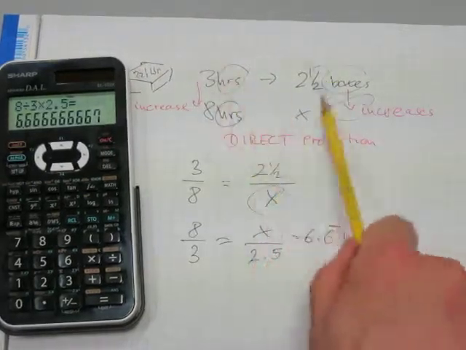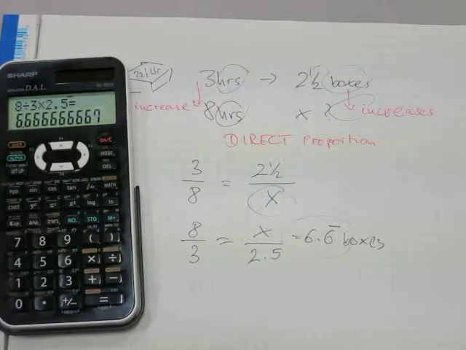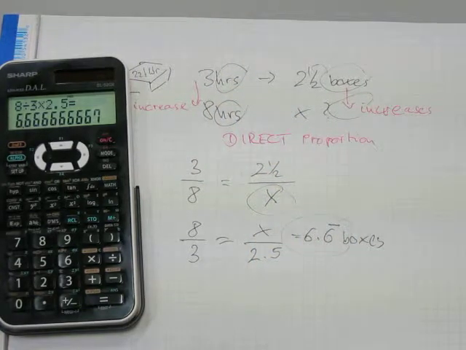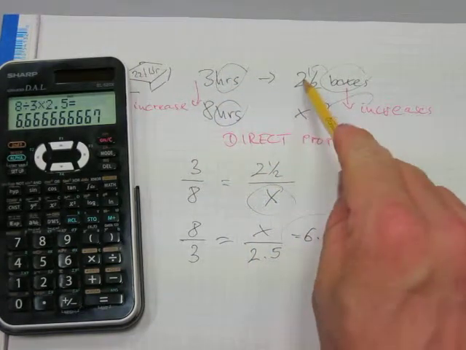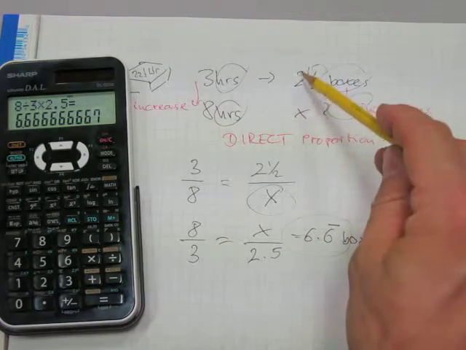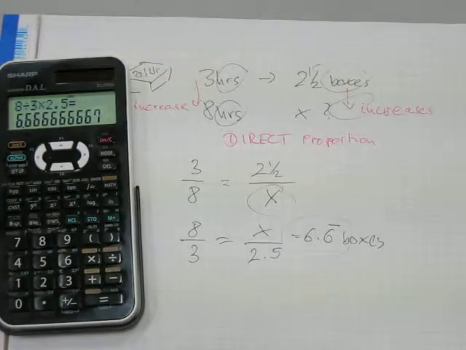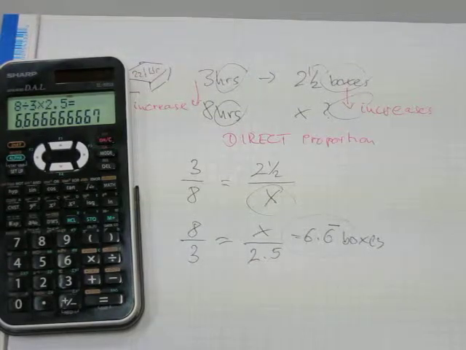If in less than half a day they use 2.5, then 8 hours is almost triple the original amount. If we triple just a 2, that's 6 boxes already, plus a little bit because we didn't account for the half. So 6.6 boxes makes sense totally.